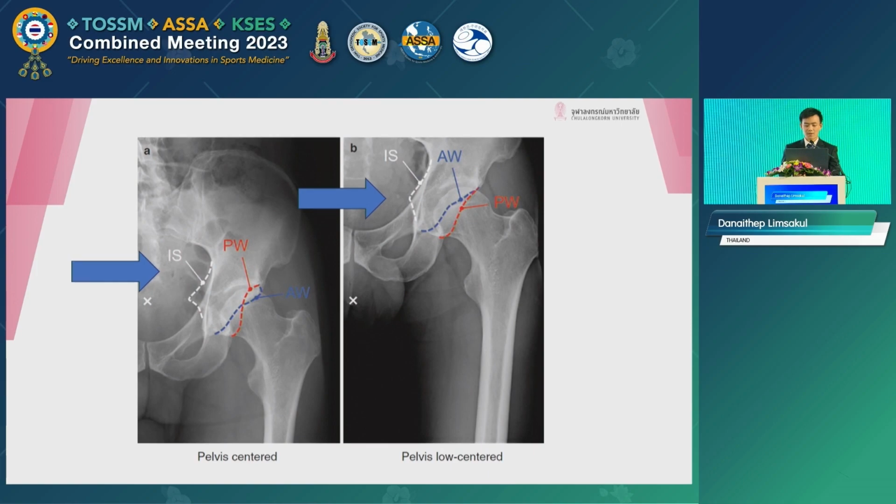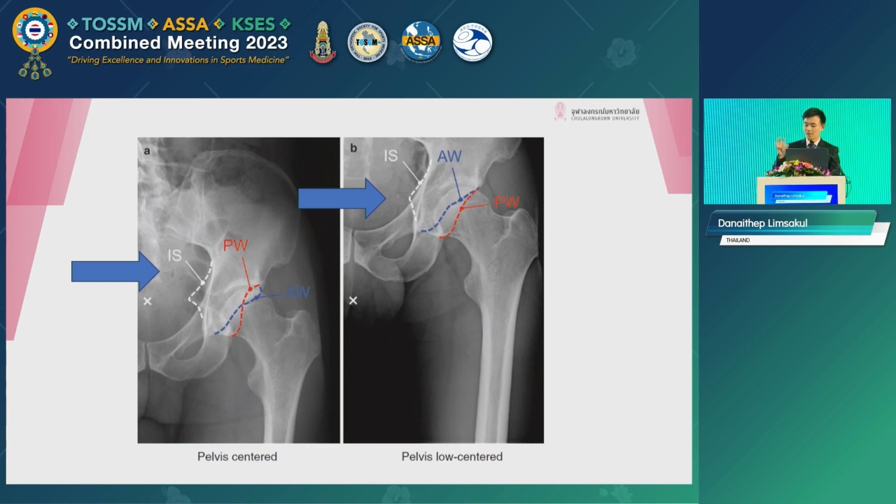Next is whether the pelvis is centered or not. So in this picture, the pelvis on the left is centered, whereas on the right, the pelvis moves up a little bit. On the pelvis-centered radiograph, the acetabulum is retroverted, indicated by a crossing of the anterior and posterior wall and a positive ischial spine sign.